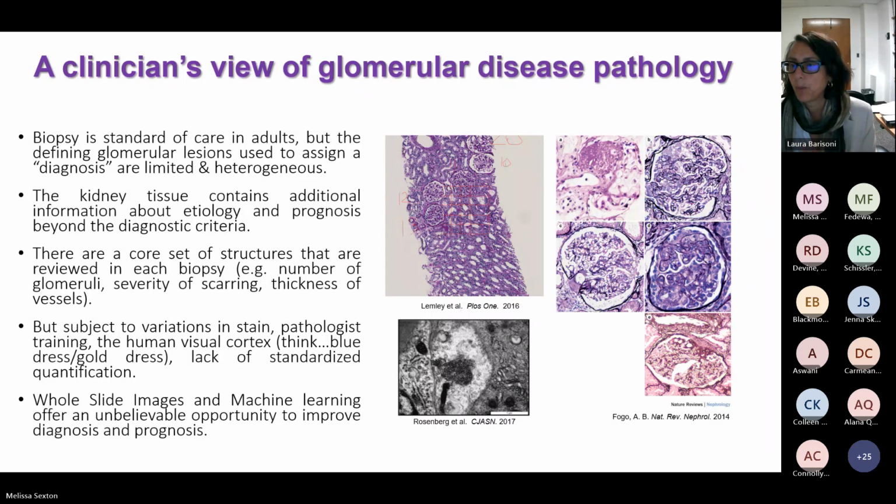So what do we know or what don't we know? Well, the biopsy is still very important because it's still the standard of care, especially for adults, and it's used to define glomerular lesions and assign a diagnosis, and we still need that. However, the kidney contains additional information about etiology and prognosis that goes beyond what we use for diagnostic approaches. For example, we are studying CureGN, which is glomerular disease, right?